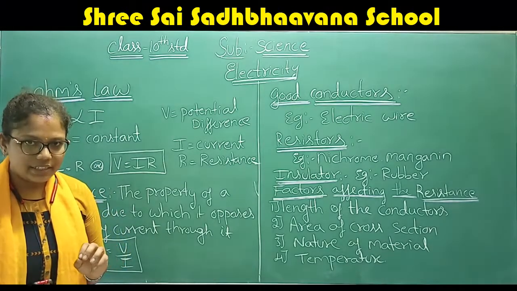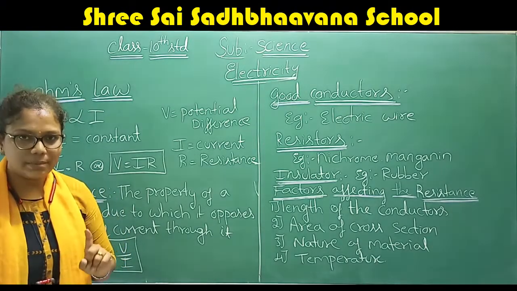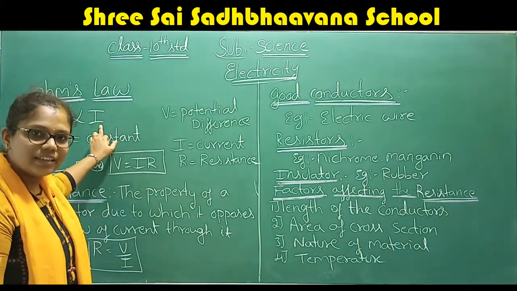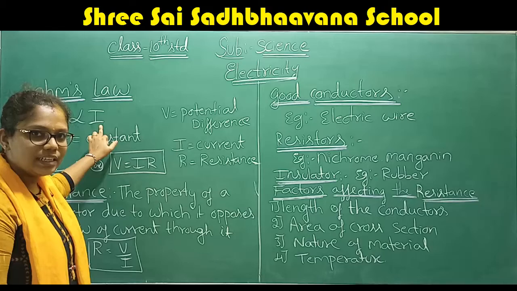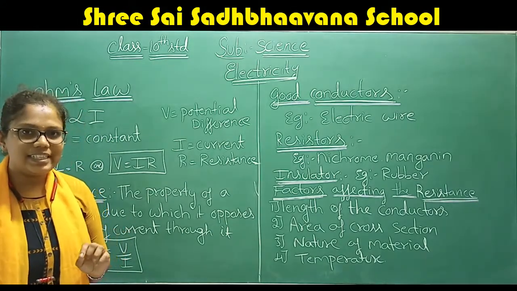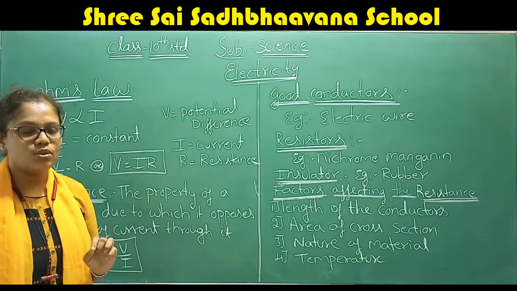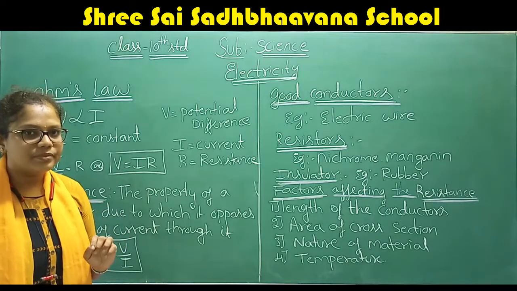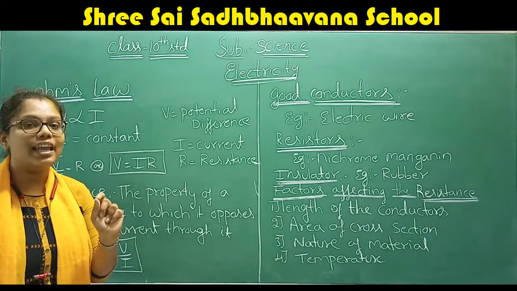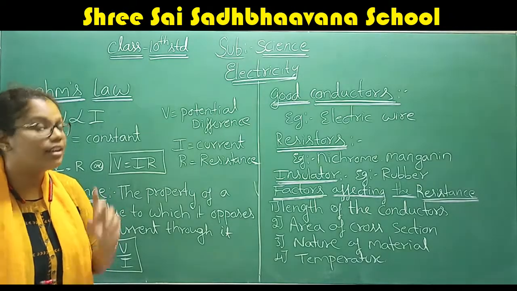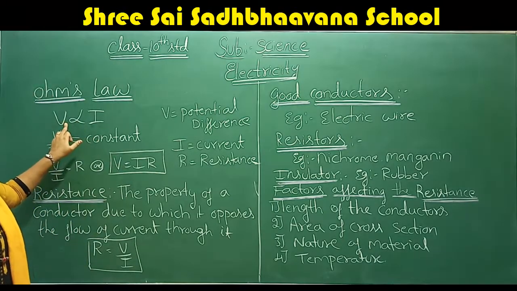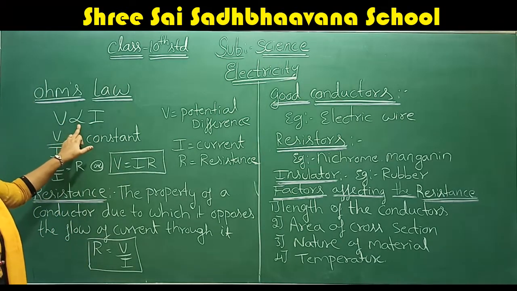It states that at constant temperature, the current flowing in the conductor is always directly proportional to the potential difference. It is very easy to remember also. This is the equation for Ohm's law.